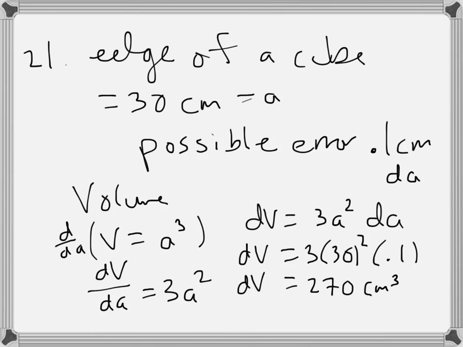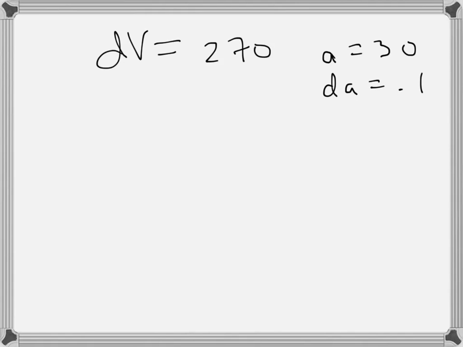Okay, so that is the maximum possible error of dV. So let me go ahead and write that on the next page. So I have dV is 270 centimeters cubed. And remember that A was 30 and dA was 0.1.